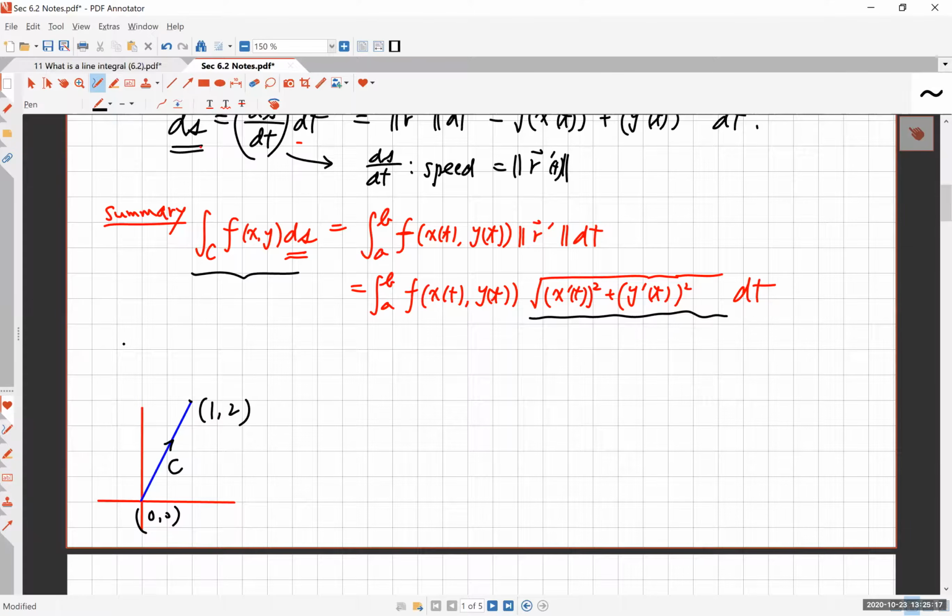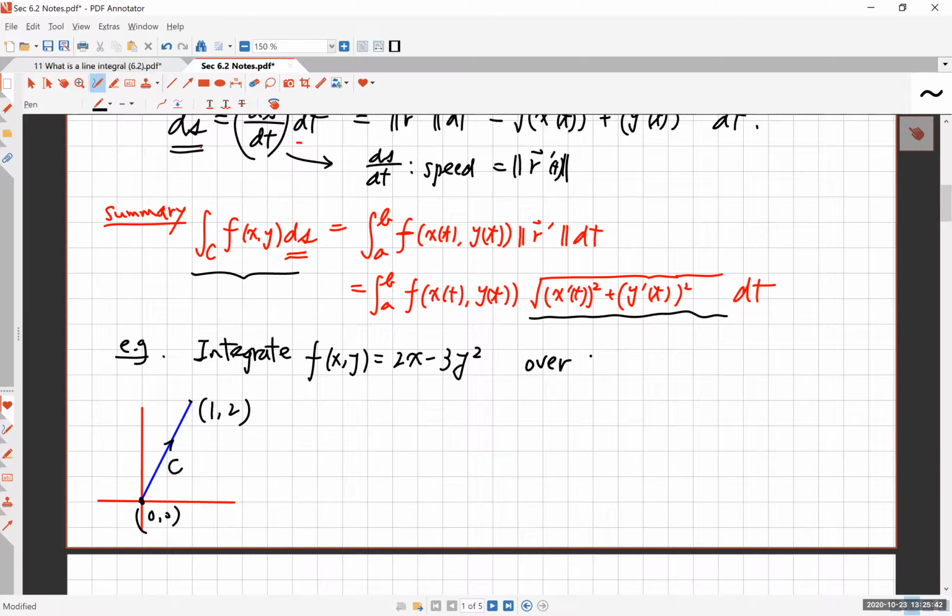Let me give you an example. The very first line integral you're about to see. You must be excited. Okay, so integrate this function. I'll try to make it easier. f of x, y is 2x minus 3y squared. So at 0, 0, the value is 0. At 1, 2, you can plug in 1 and 2 and find your answer, right?